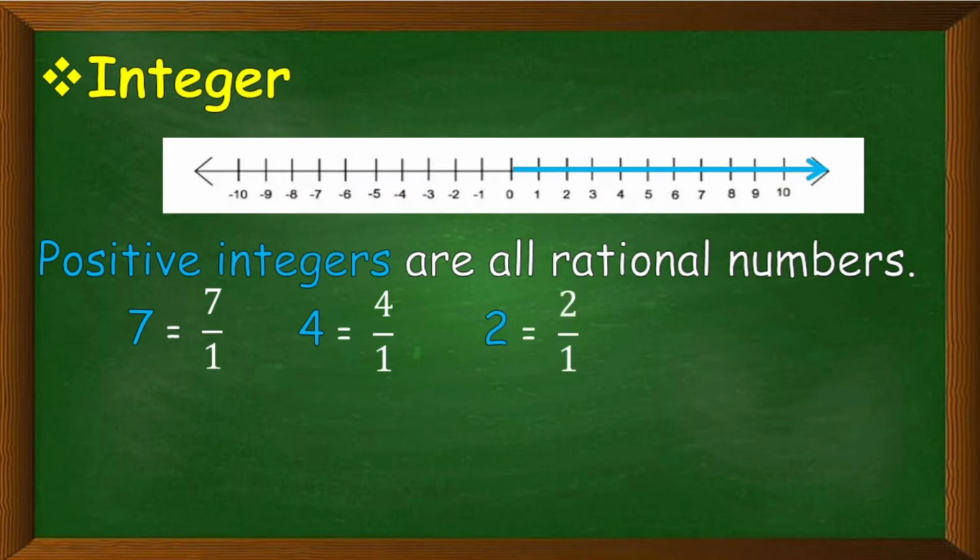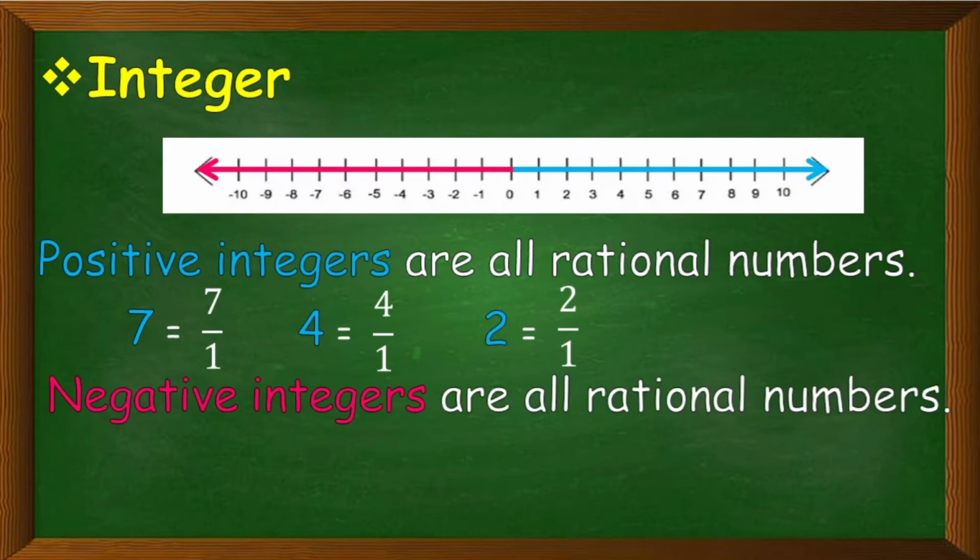Next, from 0 going to the left are all negative integers. Negative integers are all rational numbers. Example, negative 3. It can be expressed as negative 3 over 1.